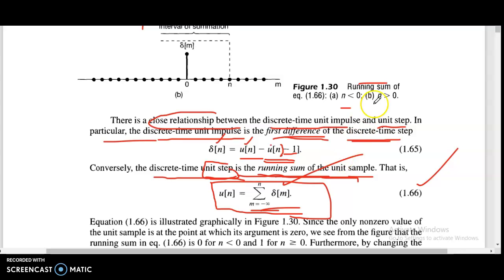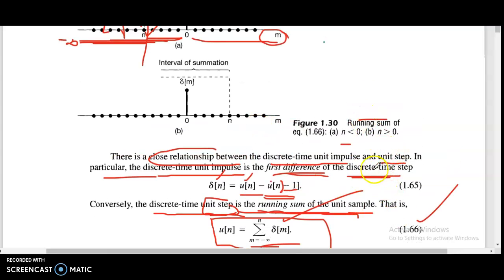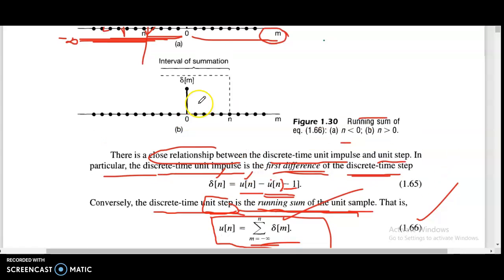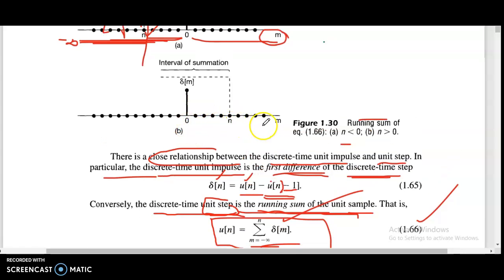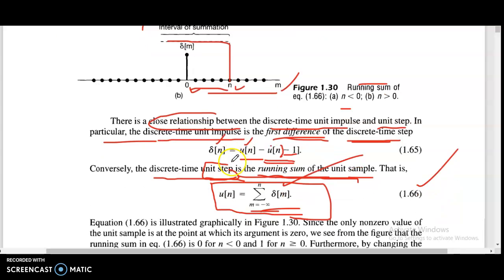Then in part B, the condition is n is greater than 0. This is m, this is n, here is 0. So n is always greater than 0 in this figure B, and this area is the interval of summation.